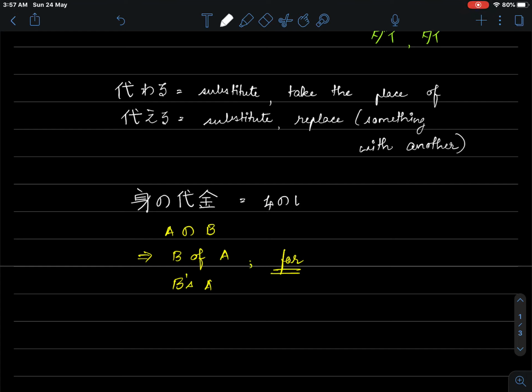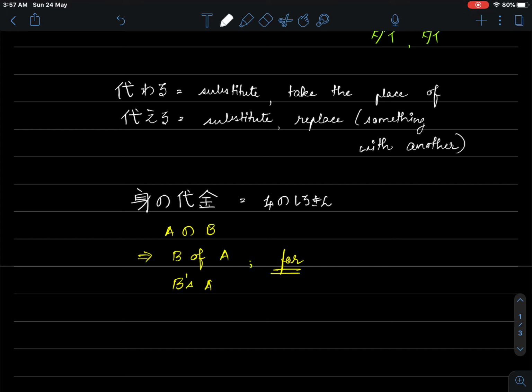So here now let's try and arrive at the meaning. Let me first give you the reading of it. It is Minoshirokin. Now let's try and arrive at the meaning. So you know that the last two kanji are supposed to be substitute and money. So this is substitute money for the first kanji, which means body or person.